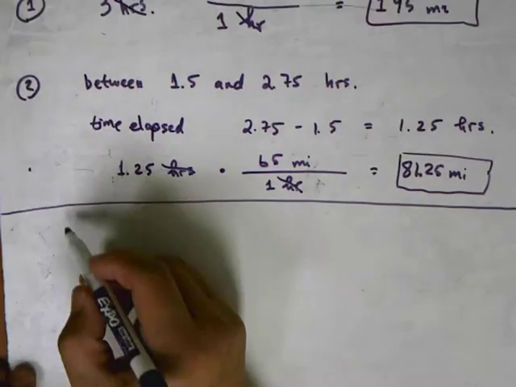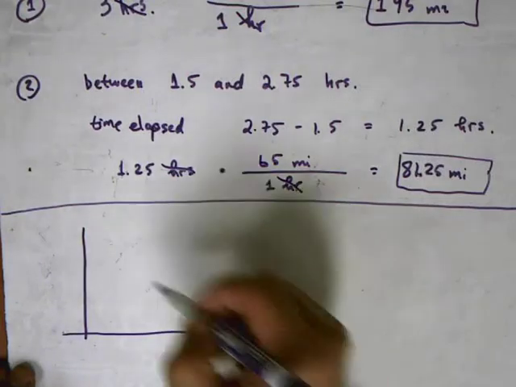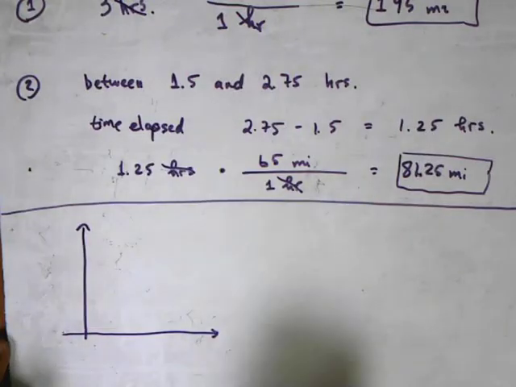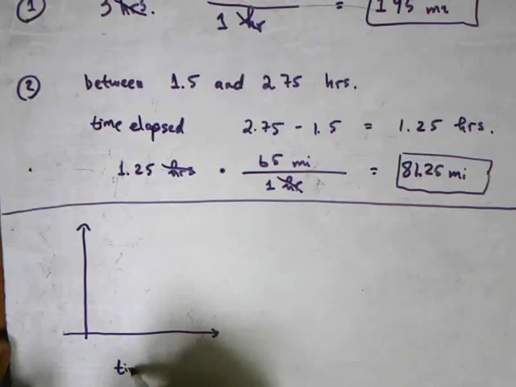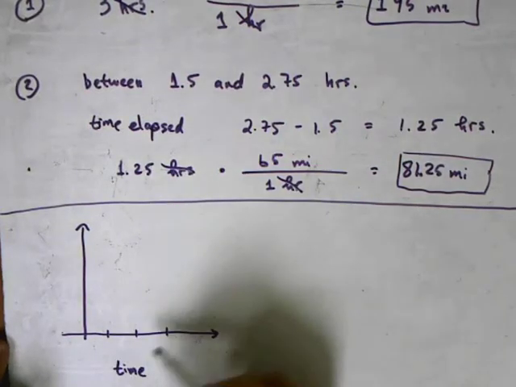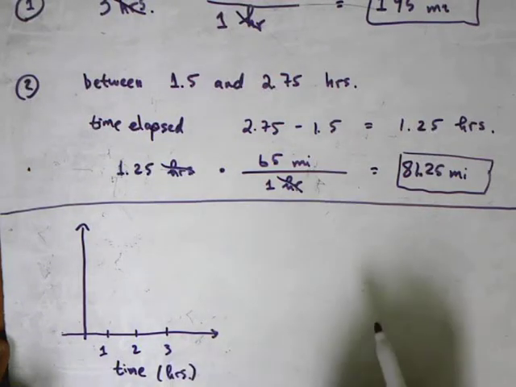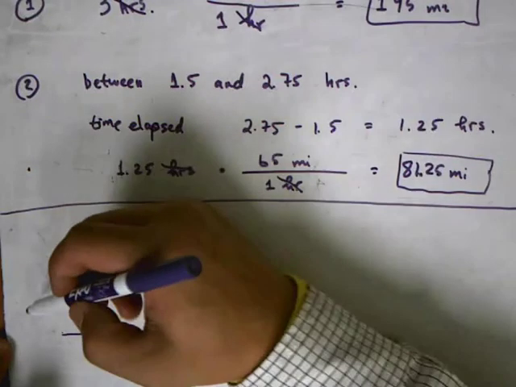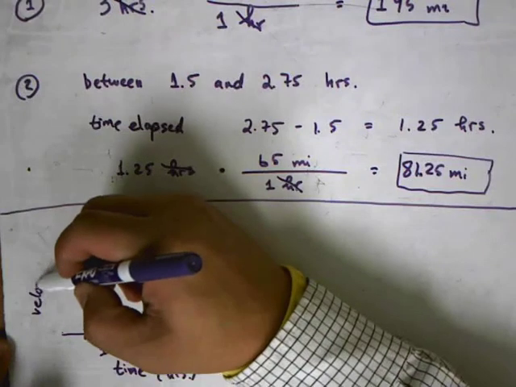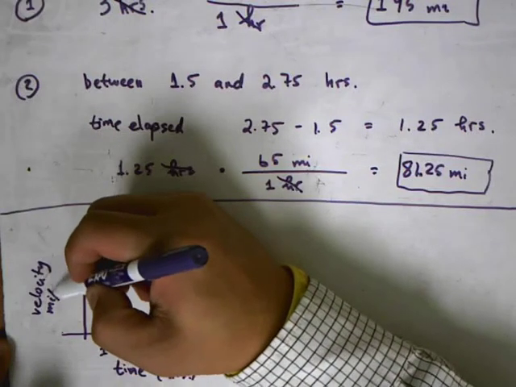Well, let's draw a graph here since we're looking at a geometric interpretation. Our graph is going to have time on the horizontal axis, 1, 2, 3. Our units here are hours. And this over here is going to be the velocity in miles per hour.